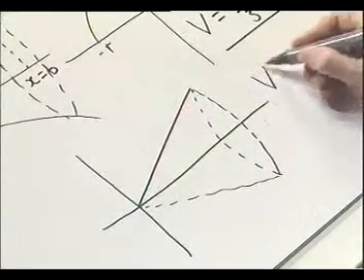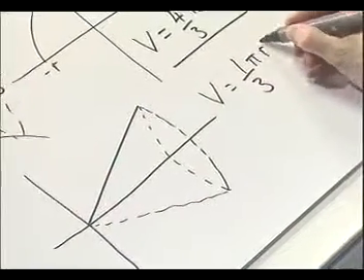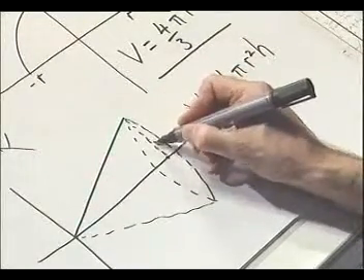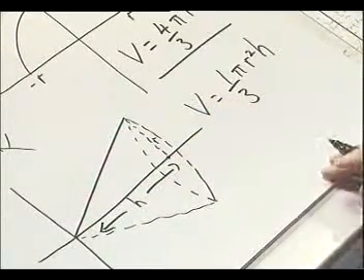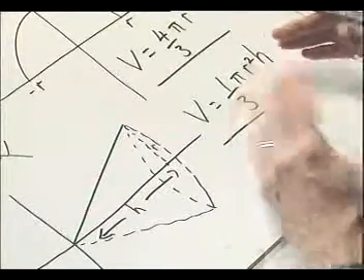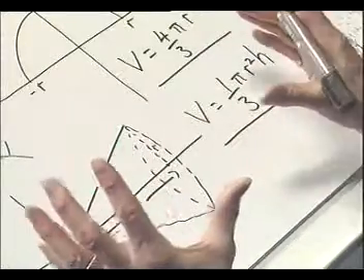And the volume of a cone, we know, is 1/3 pi r squared h, where r is the radius of the base and h is the height of the cone. So again, where does this volume come from? How can we actually calculate that? So that's what we're going to be having a look at. How can we find these volumes of the solids that we get when we rotate curves about the x-axis through 360 degrees?